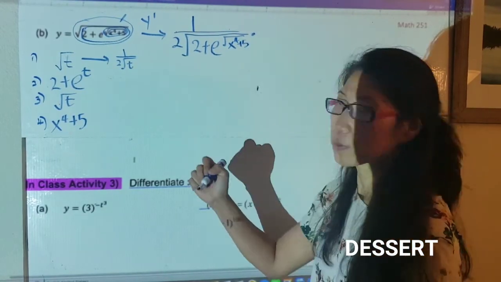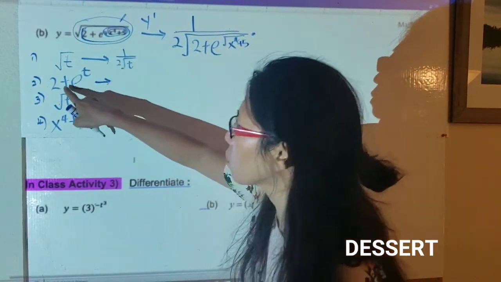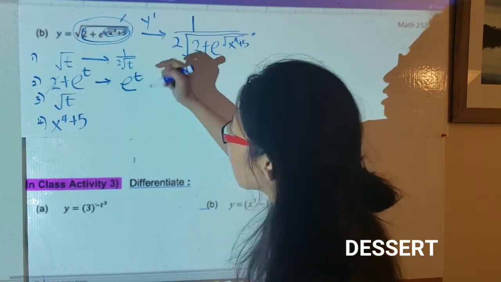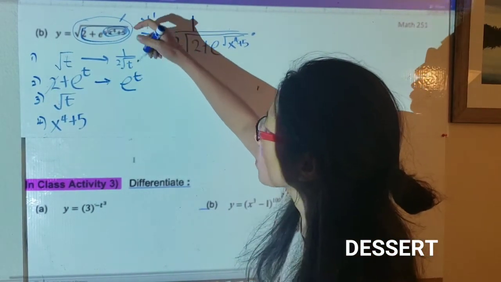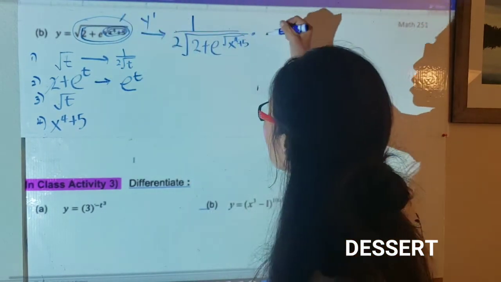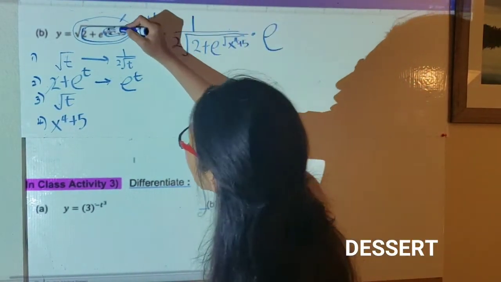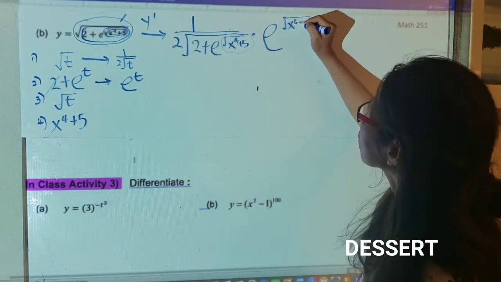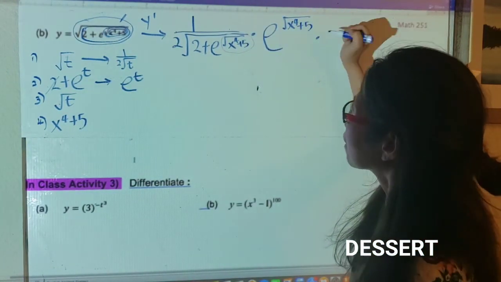Now times, we're going to multiply 4 times. Next one, take a derivative of this one. What do you get? 2 becomes 0, and then e to the t, which is e to the whatever the previous function was. We are going to copy everything. So times e to the square root of x to the 4th plus 5, times.